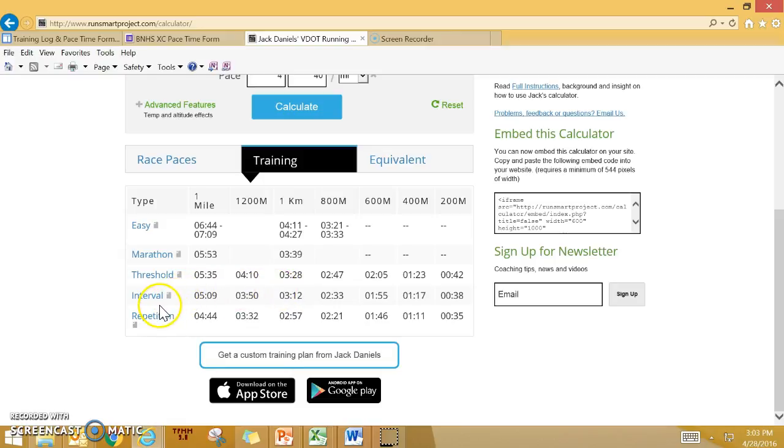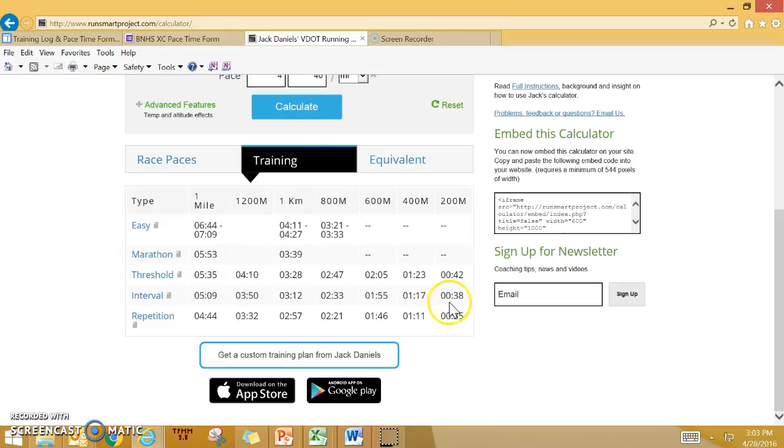Interval work is for our hard runs. We have H runs, which stands for hard runs. It's not an all-out sprint like it sounds like. It's an interval. A hard run would be about your 2-mile pace, and we would do like 5 sets of 2-minute hard runs. You do a 2-minute hard run, rest 1 minute, then do another 2-minute hard run.